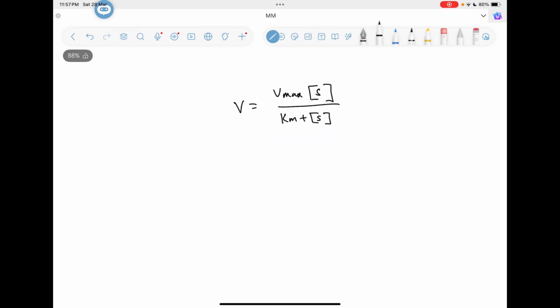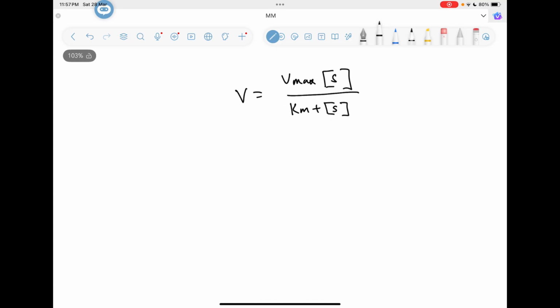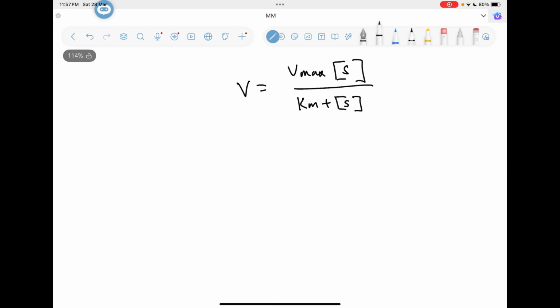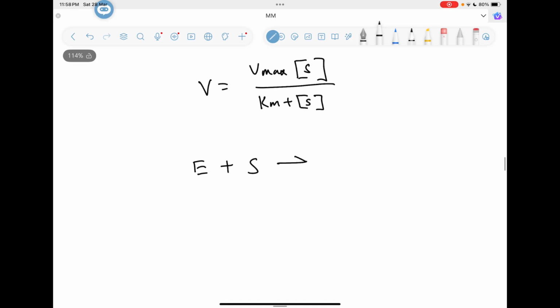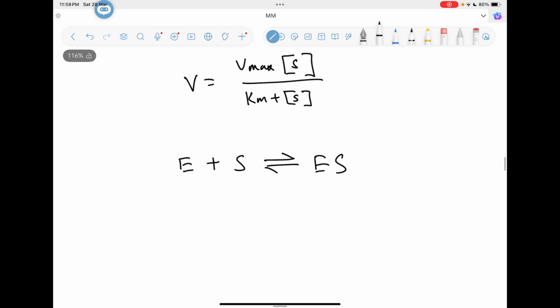Now let's look at how to derive the Michaelis-Menten equation using the steady-state assumption. First, let's start off by writing out the equation of a regular enzyme catalyzed reaction. So first we have the enzyme and a substrate forming the enzyme substrate complex.